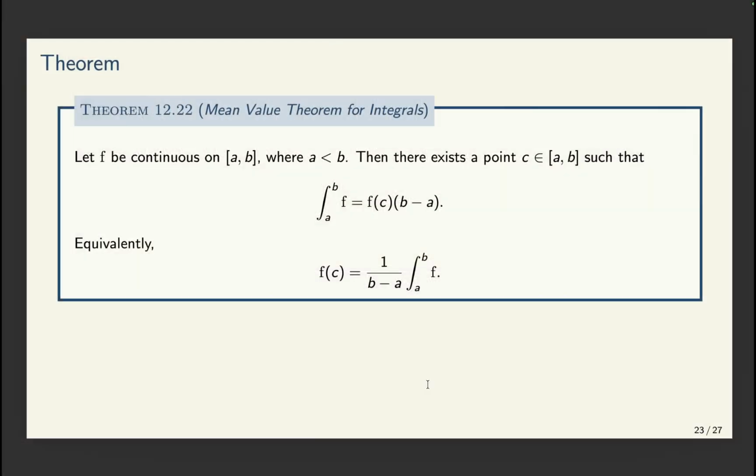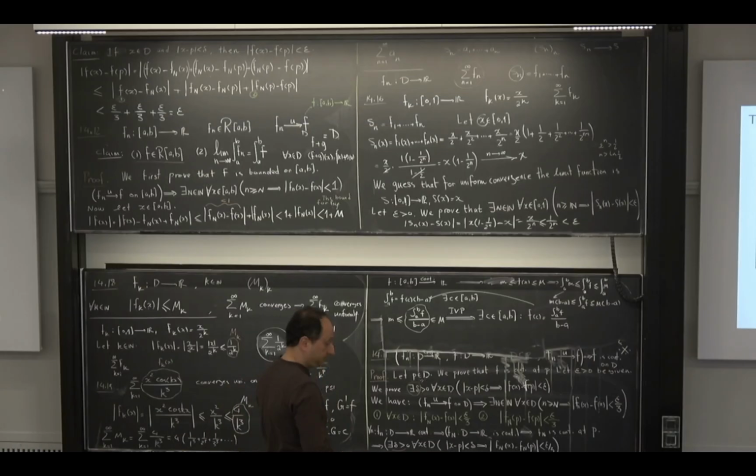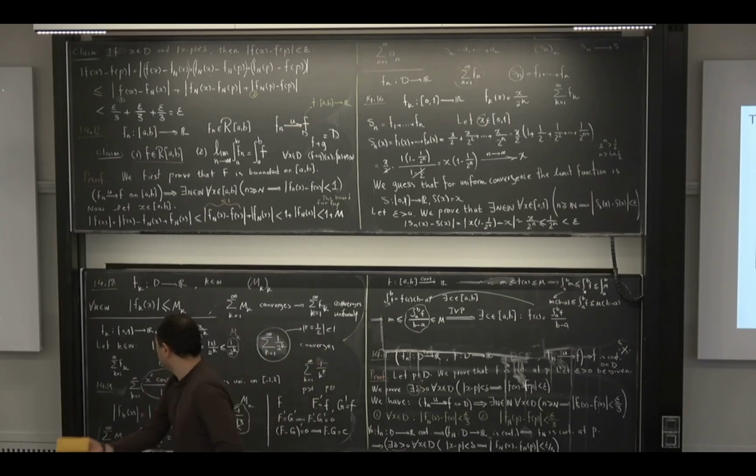Now, the next one is the famous fundamental theorem of calculus. It tells you how to differentiate an integral. Let me explain it here. We have to do a little bit of messy work.